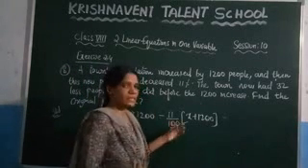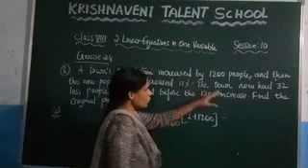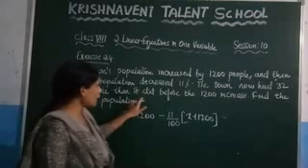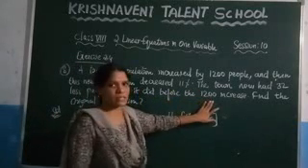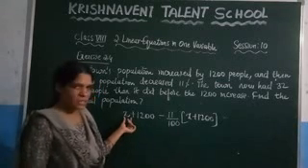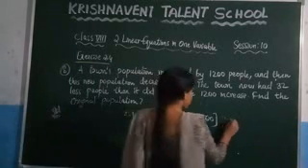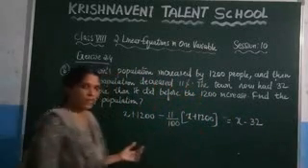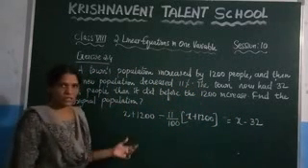And after decreasing this 11%, the town now had 32 less people than it did before the 1200 increase. That means before the 1200 increase the population is x, so it is decreased by 32. This is the equation we got by seeing this question.